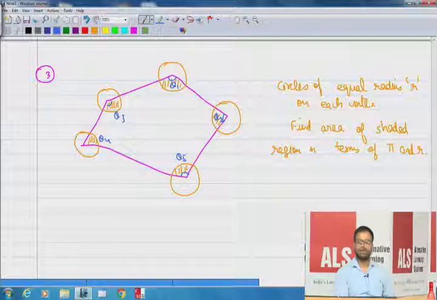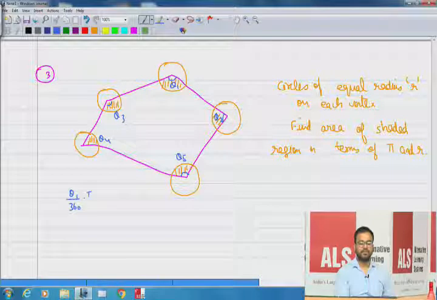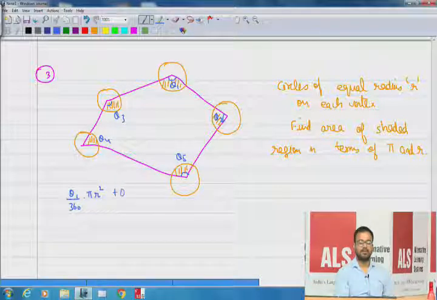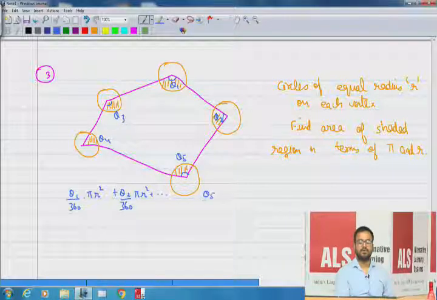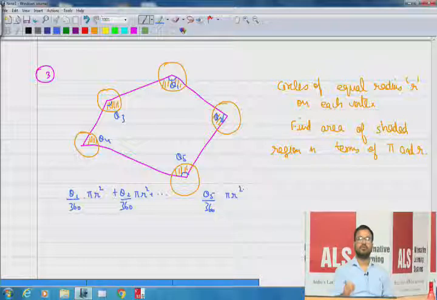So area of the sectors is theta 1 over 360 pi r square plus theta 2 over 360 pi r square and up to theta 5 over 360 pi r square. Now pi r square over 360 is common in all of them. You can take this one as common.